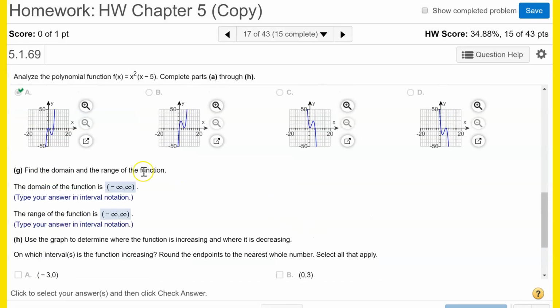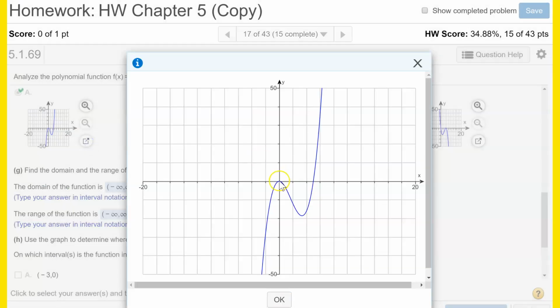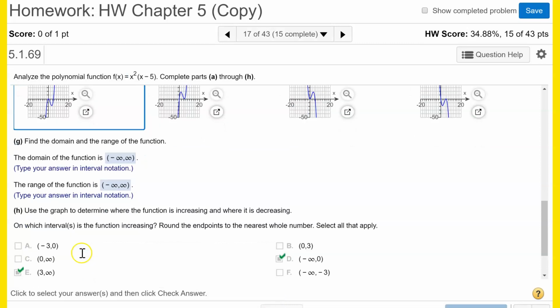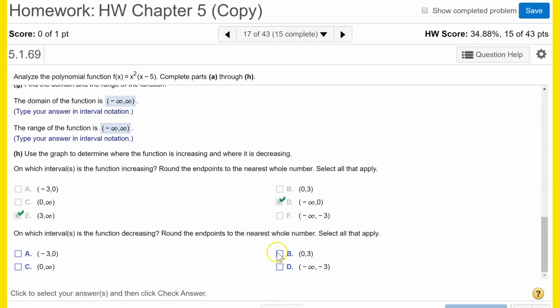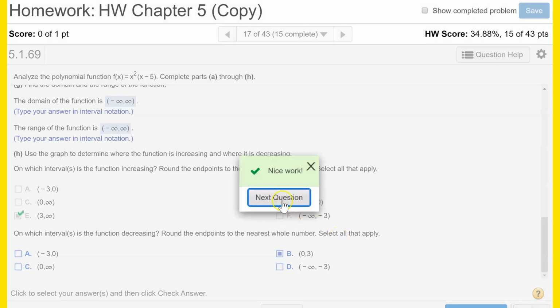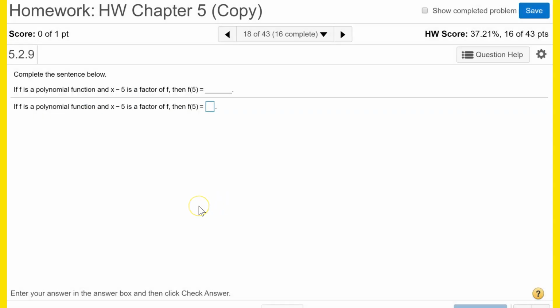And the interval of decrease, if I look back at this, is from 0 on the x-axis to 3 on the x-axis. 0 to 3. And that finishes up that question.